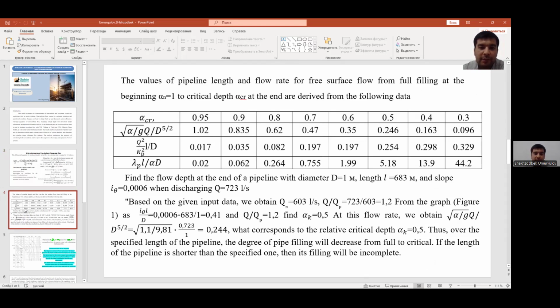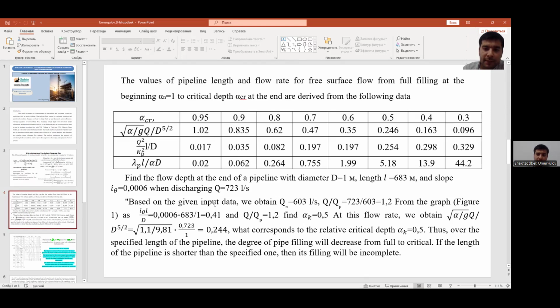analyzing with different conditions, for finding the flow depth at the end of a pipeline with diameter equal to 1, the length of the pipe equal to 683 meters, and the slope equal to 0.0006, when discharge Q is equal to 723 liters per second.